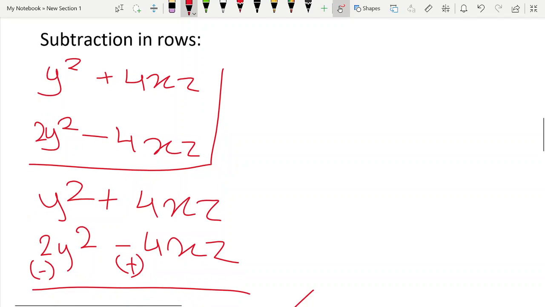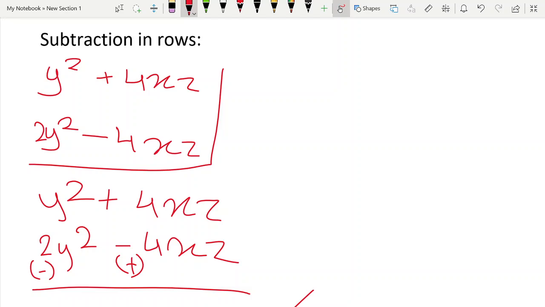Now there's another thing called subtraction in rows. Now how do we do that? If you have a question, y squared plus 4xz minus 2x squared minus 4xz, we're going to be doing it in rows.